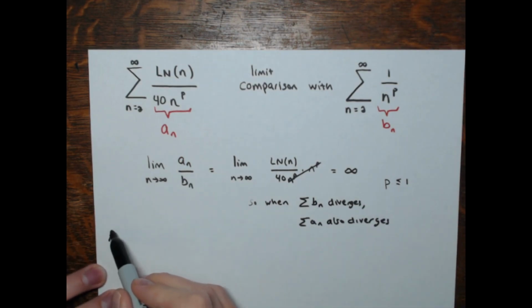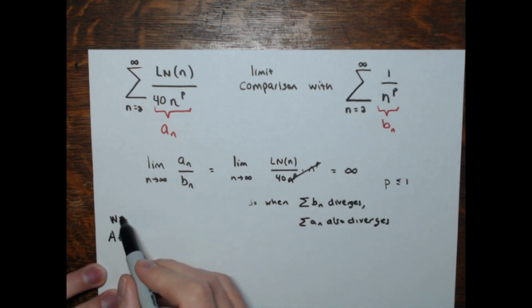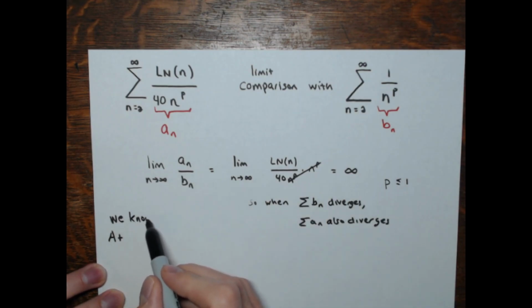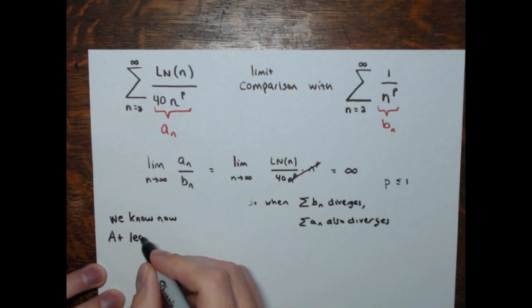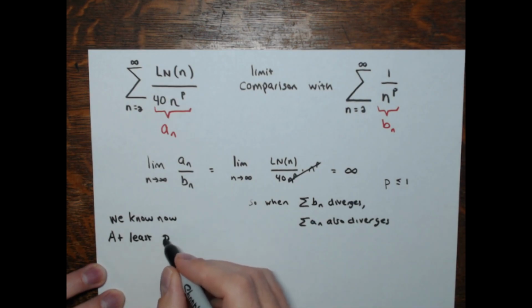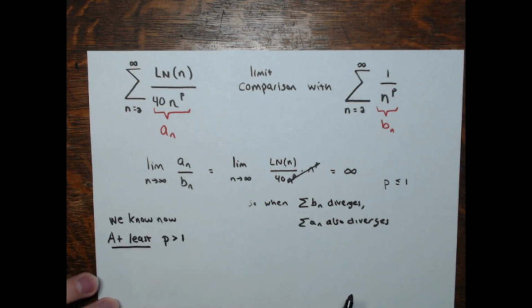So we got some information out of this. We know now that at least, I don't know if this is going to work out, p needs to be greater than 1. But there's no guarantee.